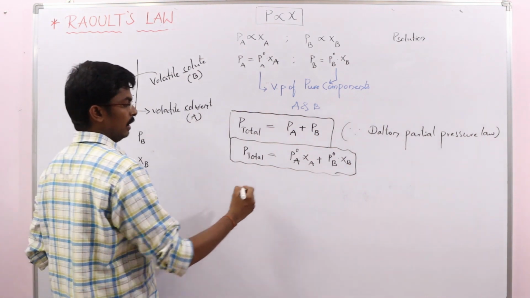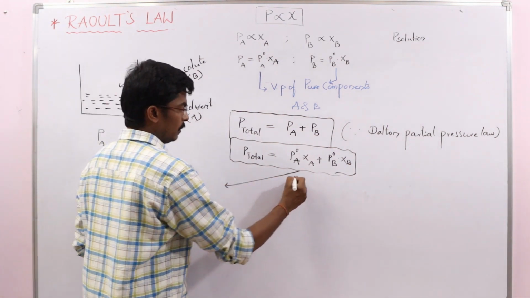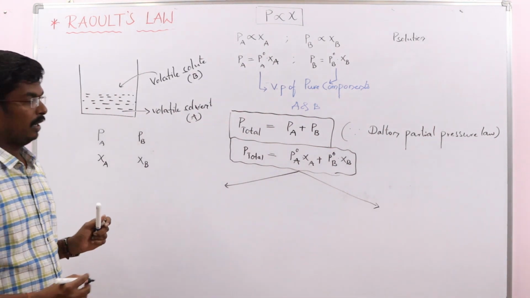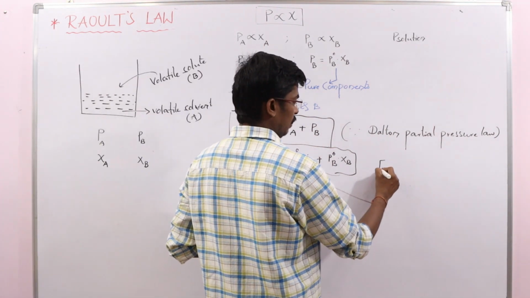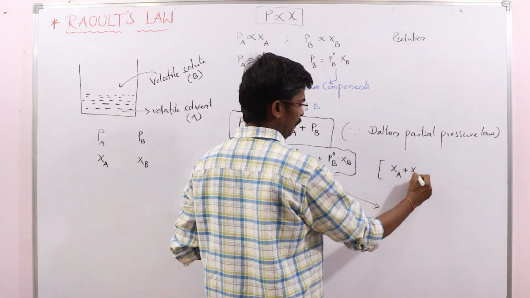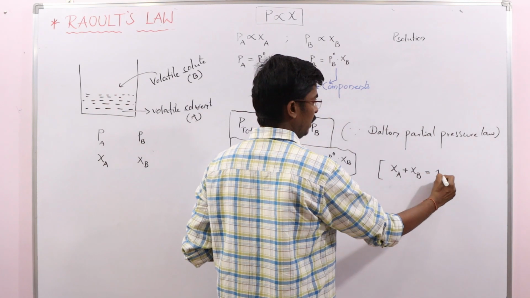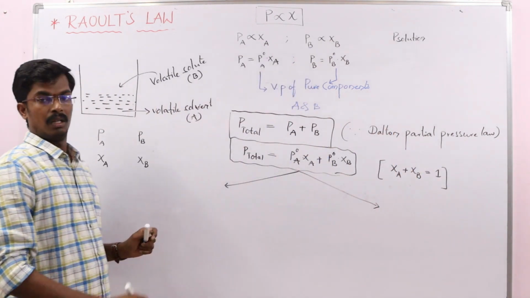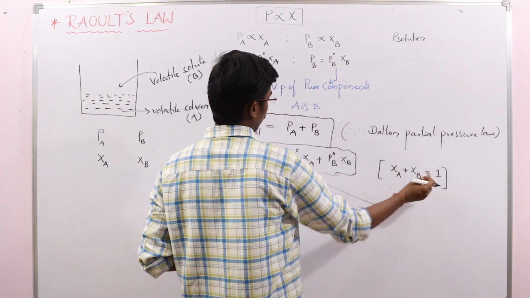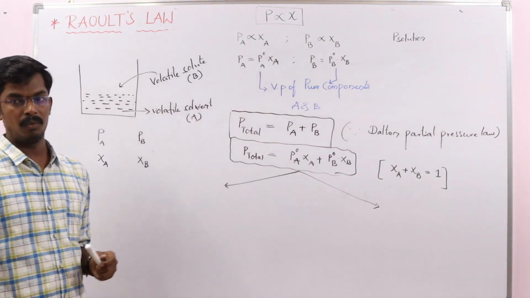Here it is also possible to give this in two different forms. Generally you know that the sum of the mole fractions of the components must be equal to 1. How many components are there here? Only two components.